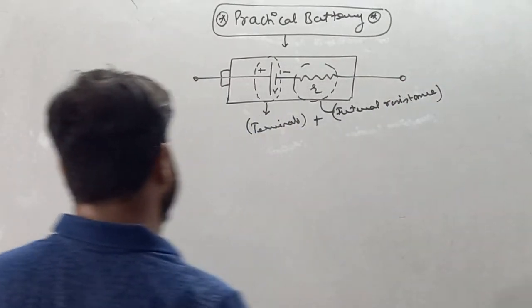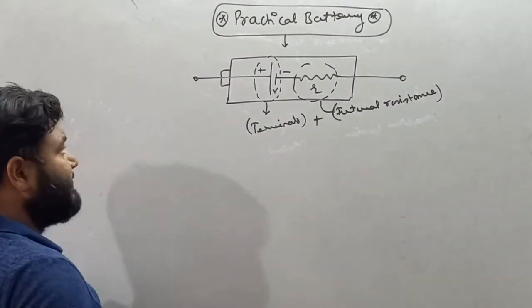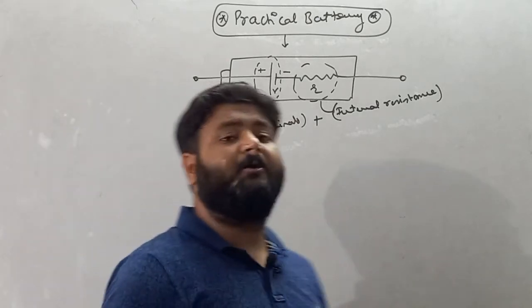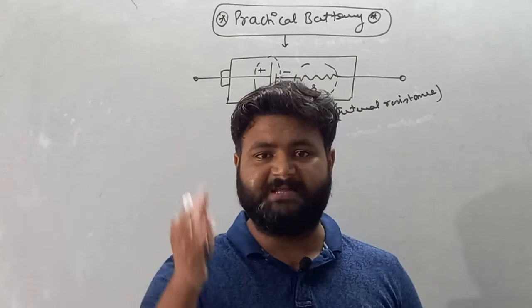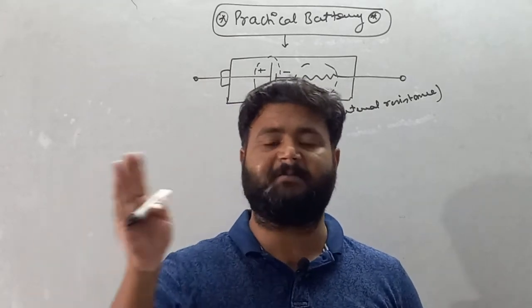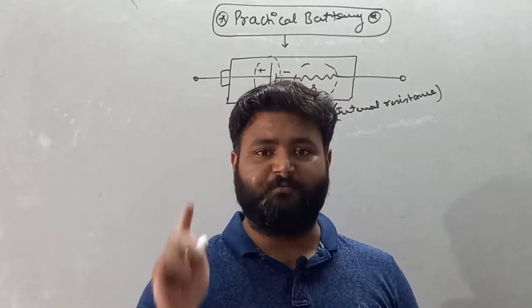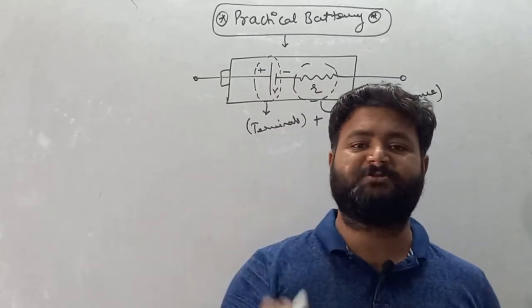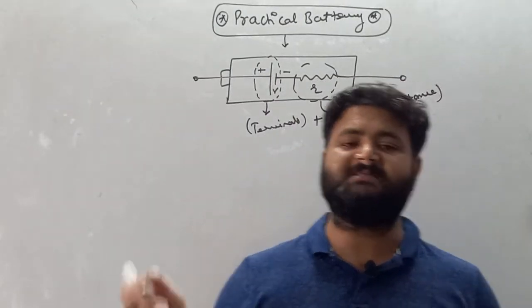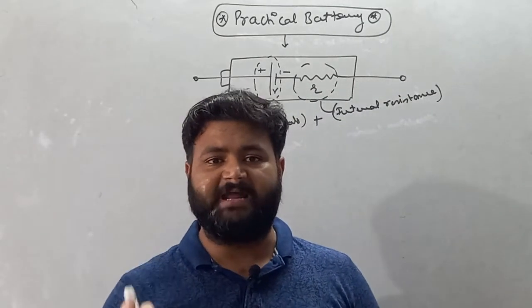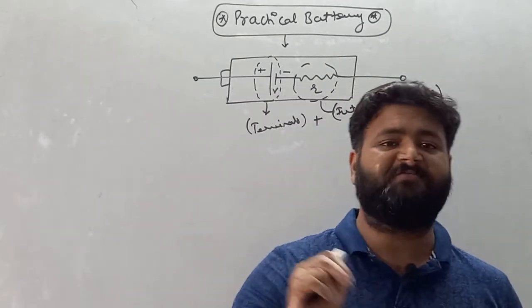Now see dear student, in our syllabus, if I am talking about a practical battery, then two things are there: the potential difference across the practical battery when no current is drawn from the battery, and second, the potential difference across the practical battery when current is drawn from the battery.